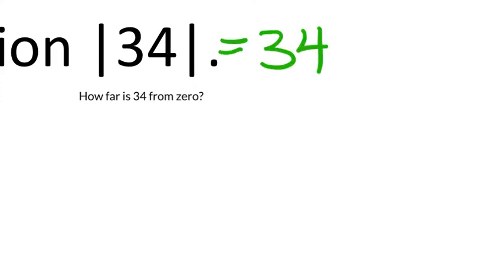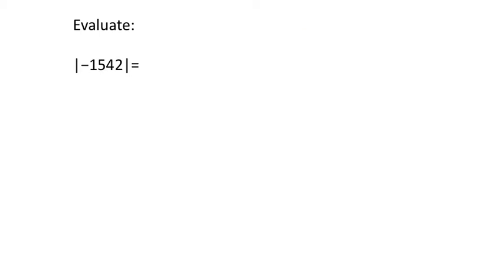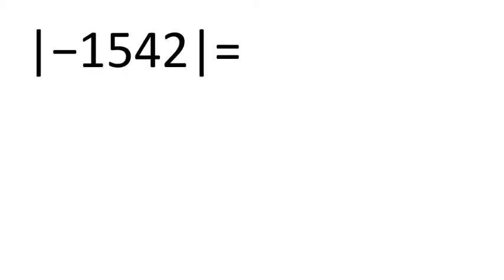This one, again, that's the absolute value of 34, which really is asking how far is 34 from 0. And hopefully we know by now that the answer to that would be 34. It's just 34 away from 0. Or this one, we can look at big numbers as well. It's not really going to matter, but this asks the same question: how far is -1,542 from 0?